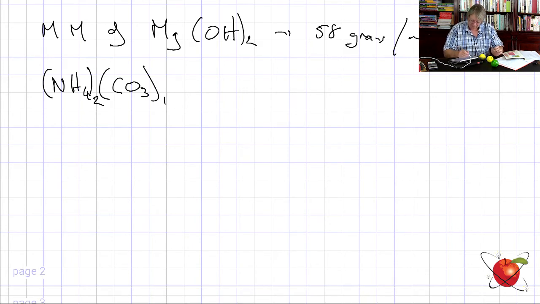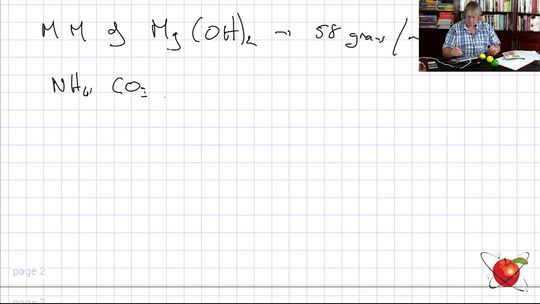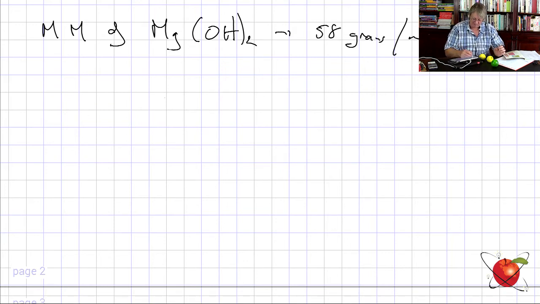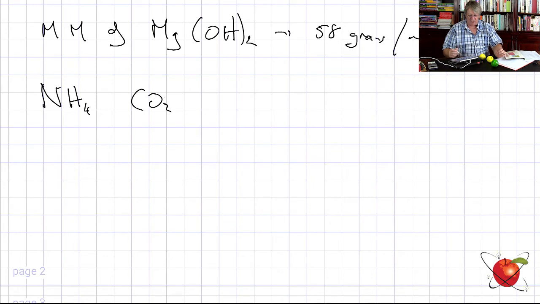Let's just go through that process again, shall we? First of all, they tell us in words ammonium carbonate. Actually, let me just erase it. Just go through it one more time with me, right? We have ammonium is NH4, so we write it down. Carbonate, CO3.